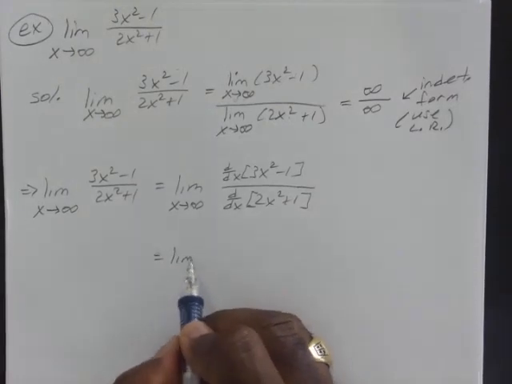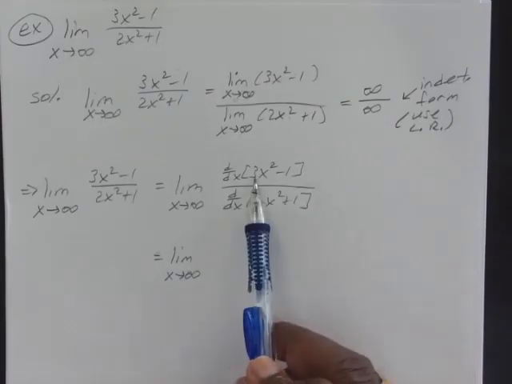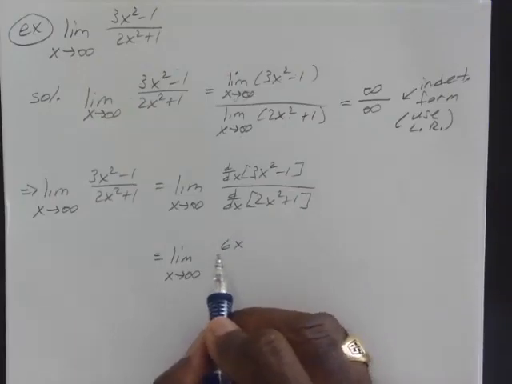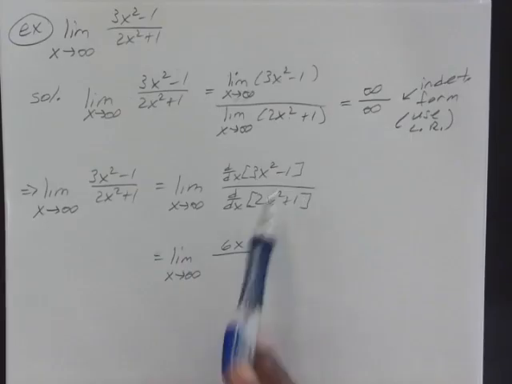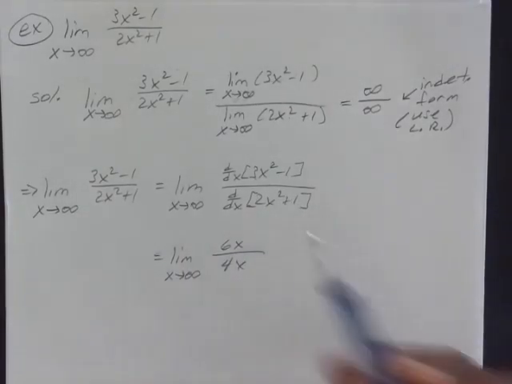The derivative of 3x squared is 6x divided by the derivative of 2x squared plus 1, which is 4x. Of course, the derivative of the minus 1 and plus 1 just becomes 0.